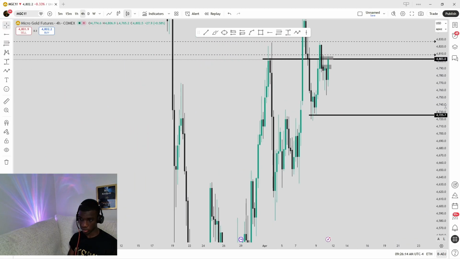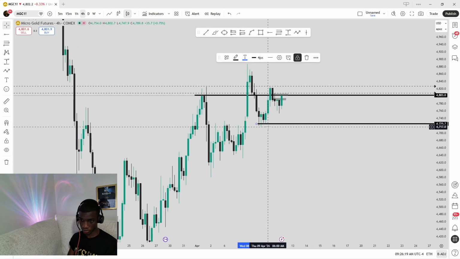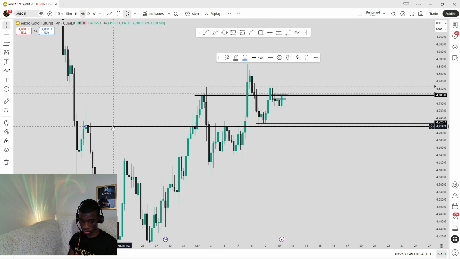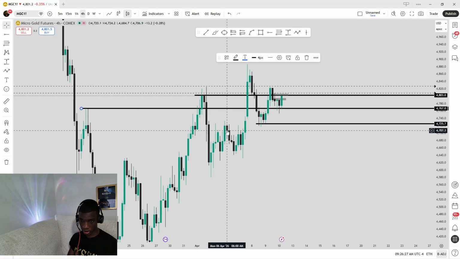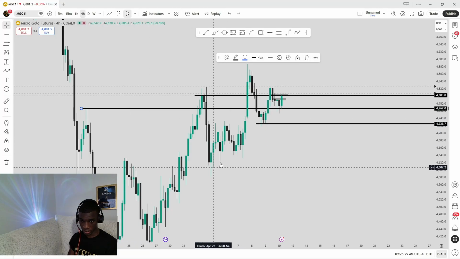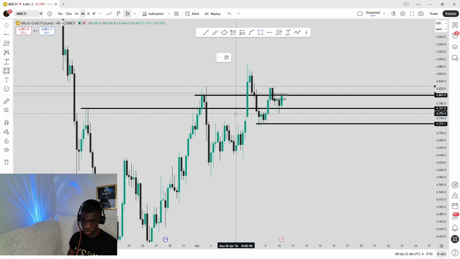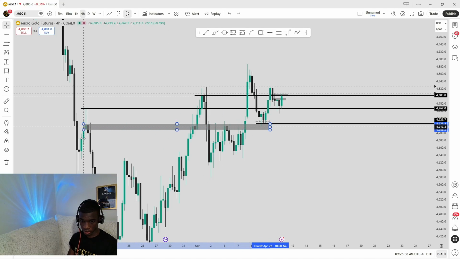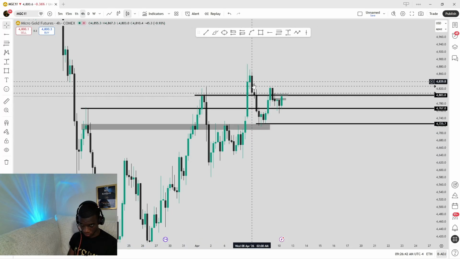So I put it here, and I normally use the wicks. However, down here, where this previous black line is, in this area, I use the wicks, and I wasn't even focusing on this zone here. Noticing that this and this zone matched up, and then this move happened.